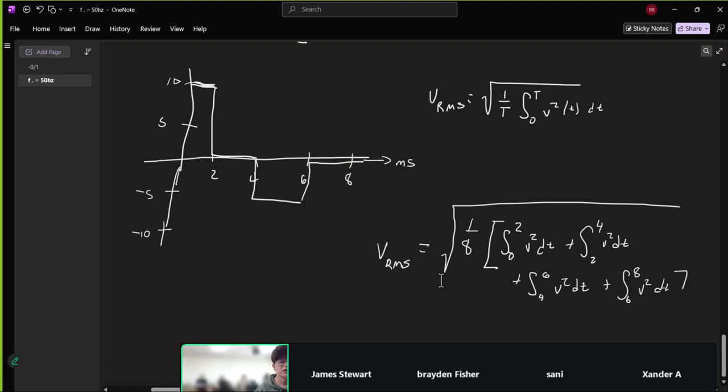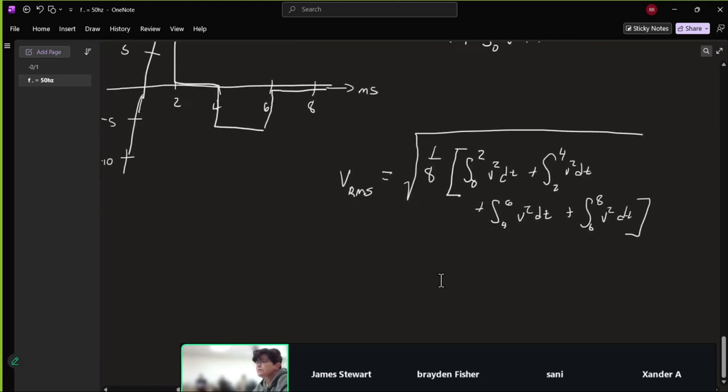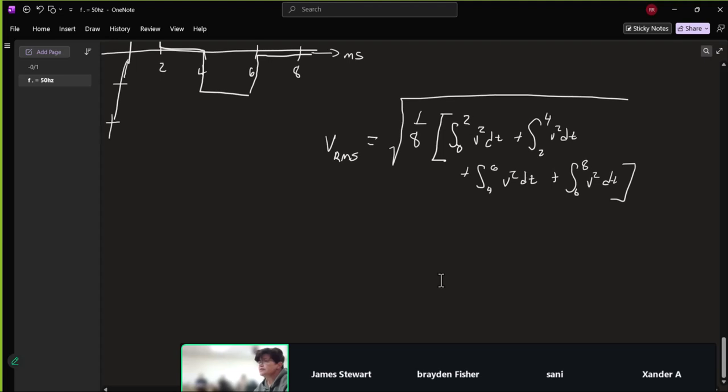Because an integral is just a sum, you can break it up into parts and then add them up and get the same value.